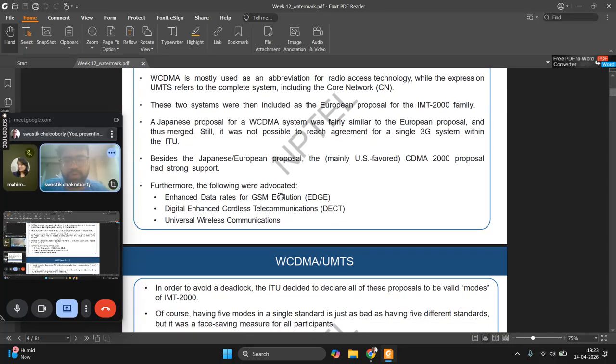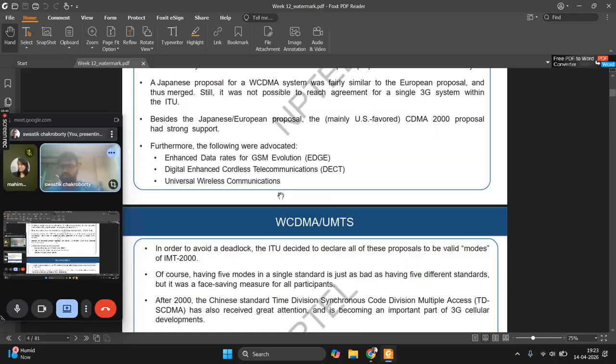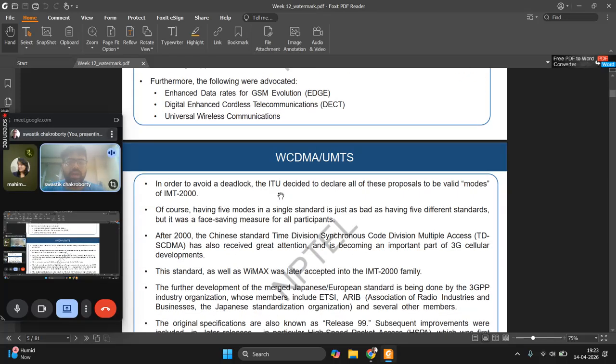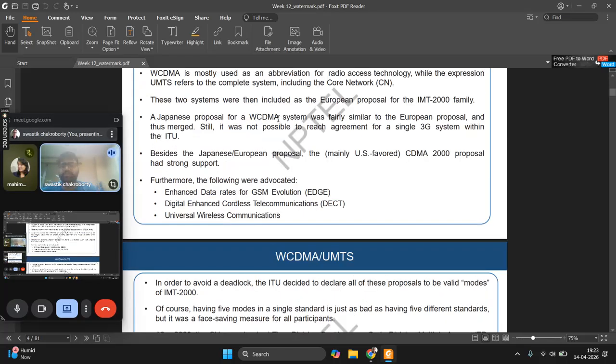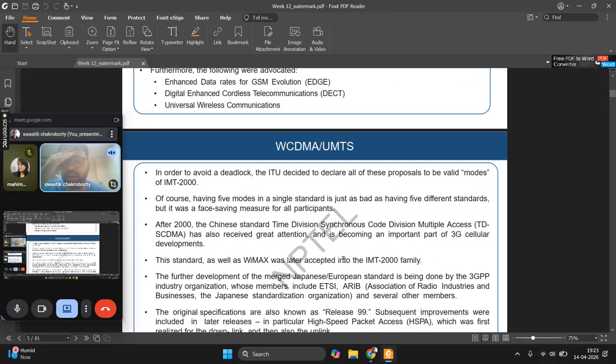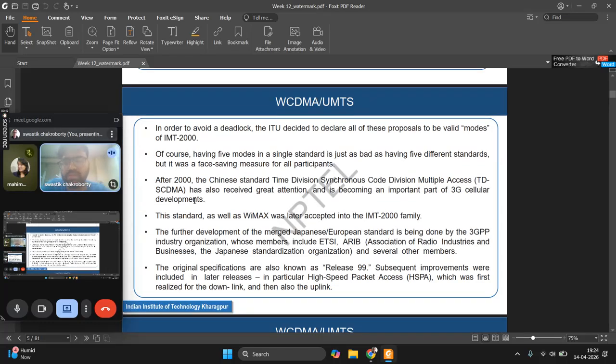Besides the Japanese and European proposal, the US-favored CDMA 2000 proposal also had strong support. In order to avoid a deadlock, the ITU decided to declare all these proposals to be valid modes of IMT 2000.